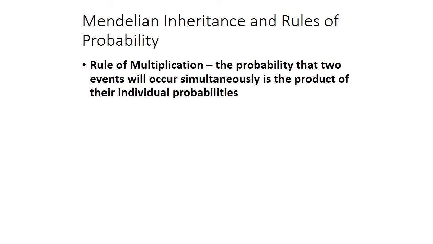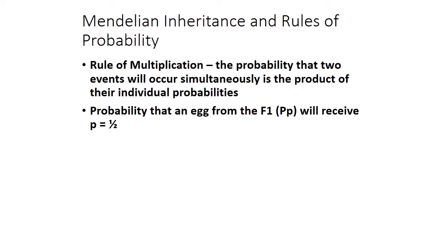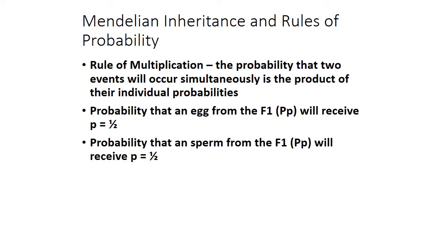The rule of multiplication is a rule that states that the probability that 2 events will occur simultaneously is the product of their individual probabilities. So the probability that an egg from the F1 generation, big P, little p, will receive that little p allele is 1/2, because it can only either receive the big P or the little p.